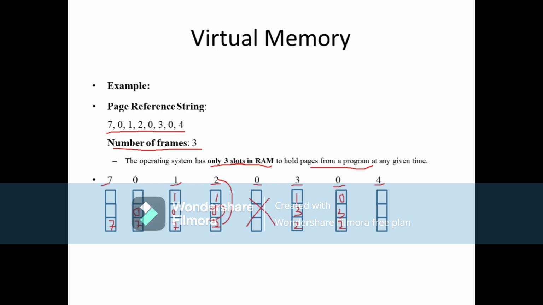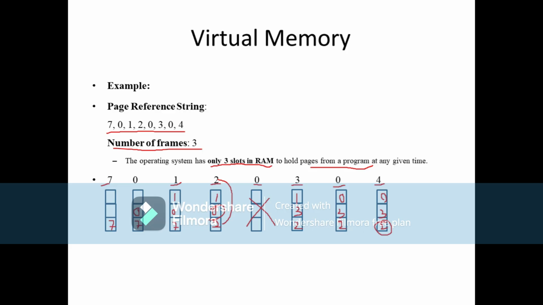Next, there is a demand for page number 4. We have the pages 0, 3 and 2. There is no free frame to load page number 4, so there is a page fault. Let's start searching for the victim page. Page number 2 is the oldest page, because it is first in, first out.